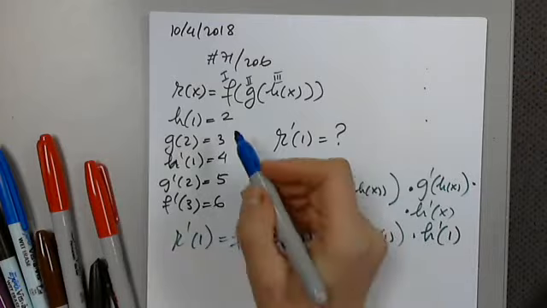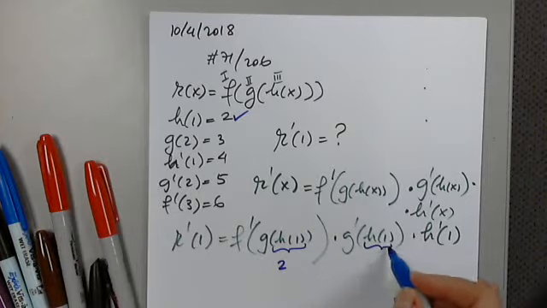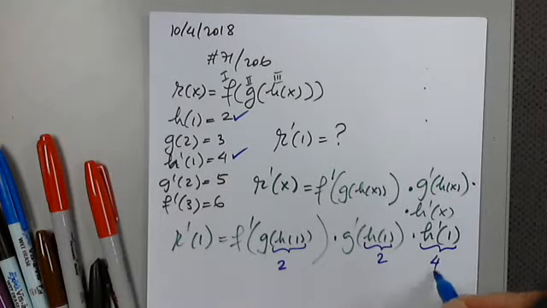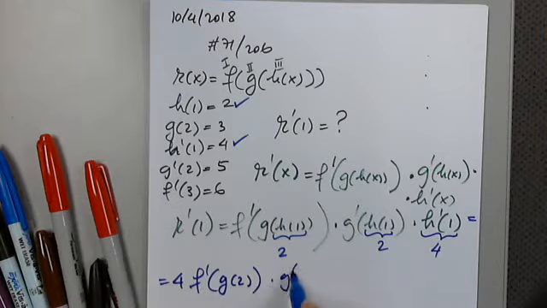Yes. H of 1 is 2. Do we have h prime of 1? 4. So for now, 4 goes in front. F prime of g of 2 times g prime of 2.